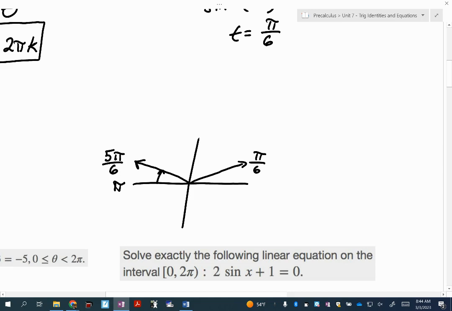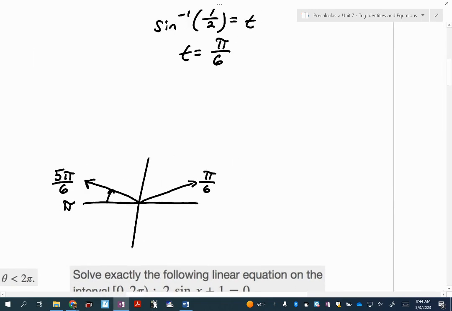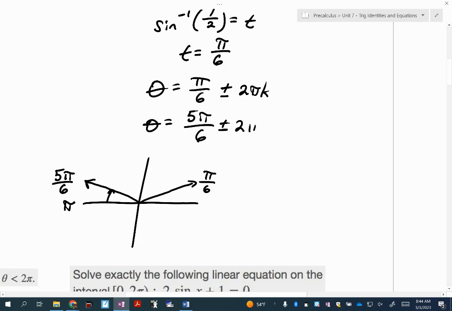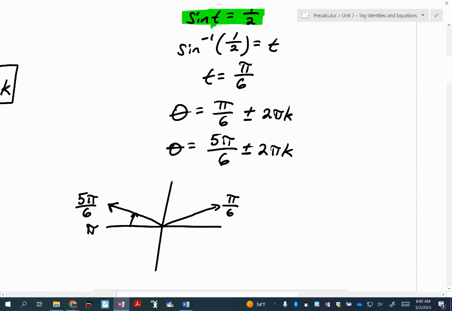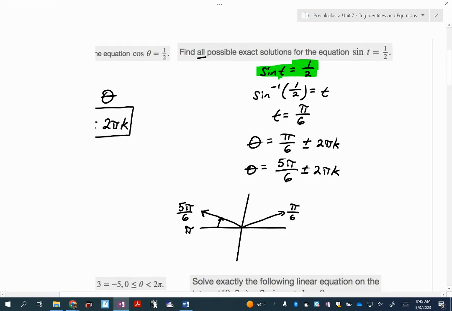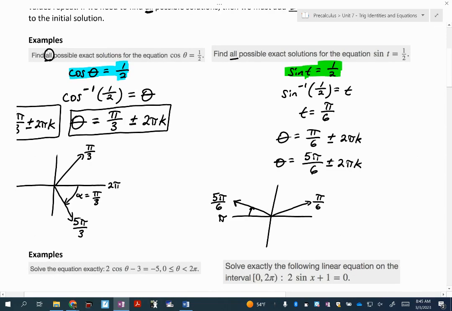That's stuff that we did in the first unit. So you write down these two solutions, pi over 6 and then 5 pi over 6. But we write plus or minus 2 pi k because I don't know which direction you're going to go around the circle, clockwise or counterclockwise, and also I don't know how many times you want to go around the circle, so that would be that integer k. So that's what we do to solve these equations when it says find all possible solutions.